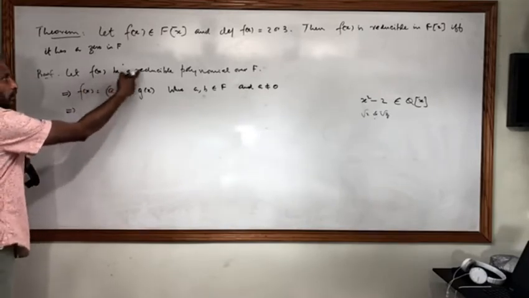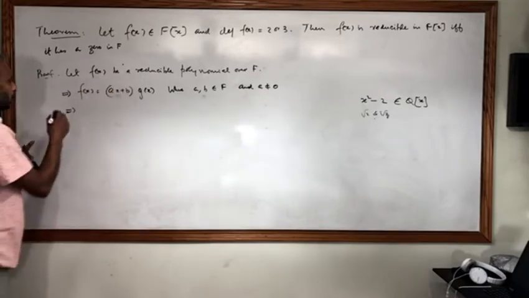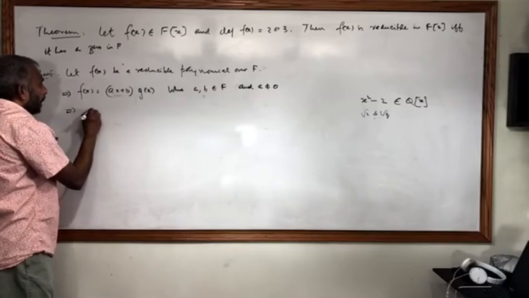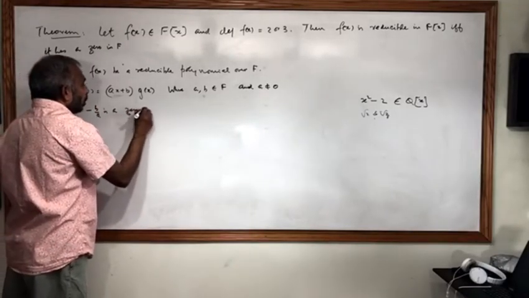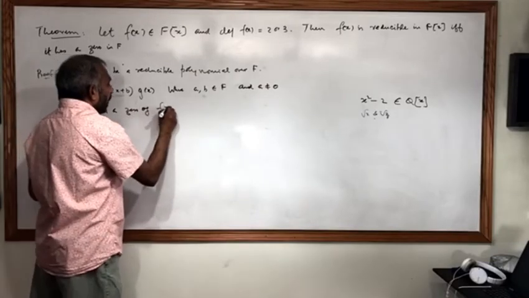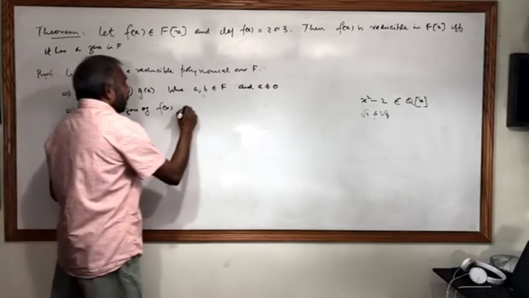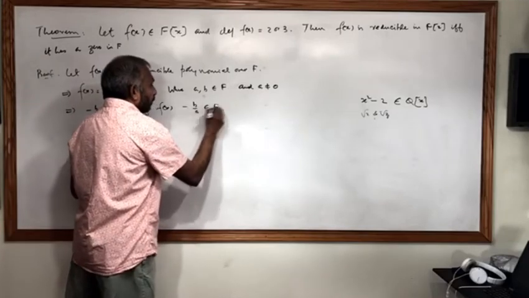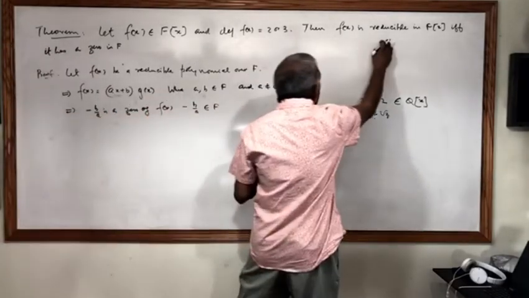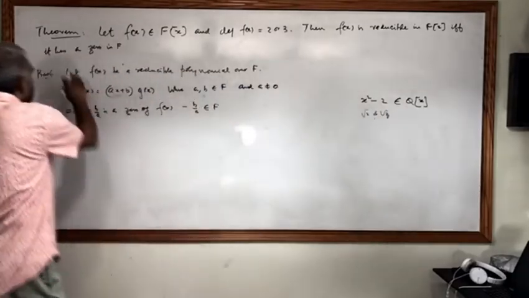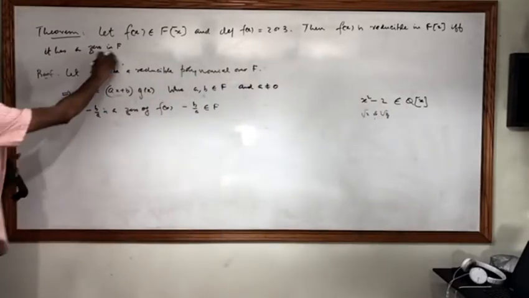But that is not what we want, it is reducible. So this implies minus b by a is a 0 of f(x), and minus b by a belongs to F. So if it is reducible, it has a 0 in F.